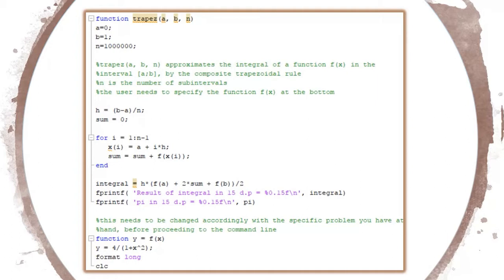This is important as we wanted to show how the different decimal places will be shown by MATLAB. Therefore, the function trapeze is important for this composite trapezoidal rule.